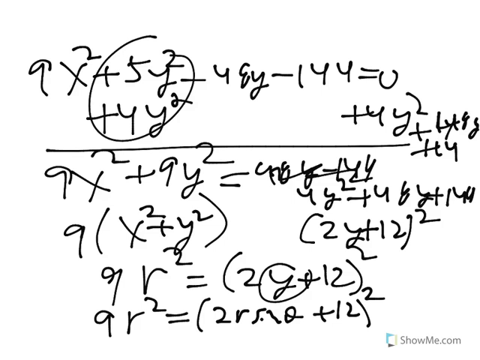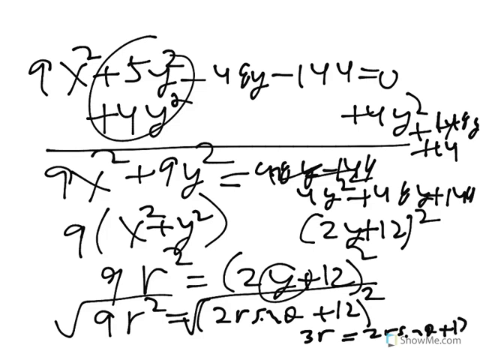And now, rather than FOIL it through, I'm actually going to take the square root of both sides and get 3r is equal to 2r sine theta plus 12. And if I subtract the 2r sine theta from both sides, factor out, and then divide both sides, I will end up with, why don't I go ahead and do that.